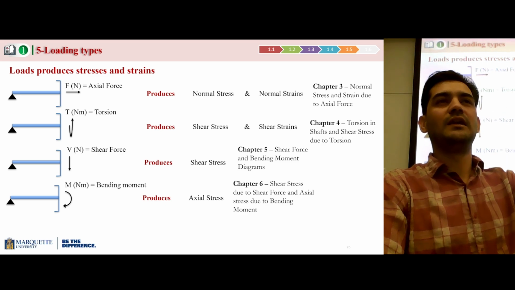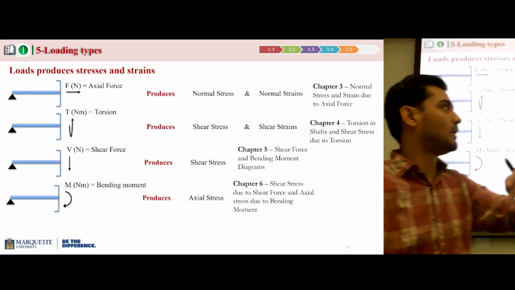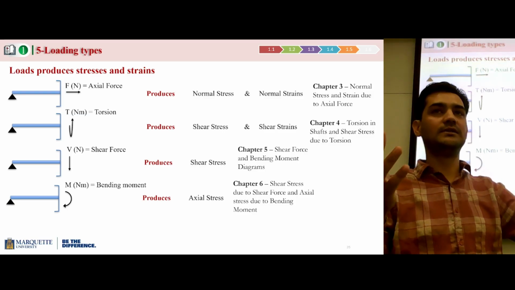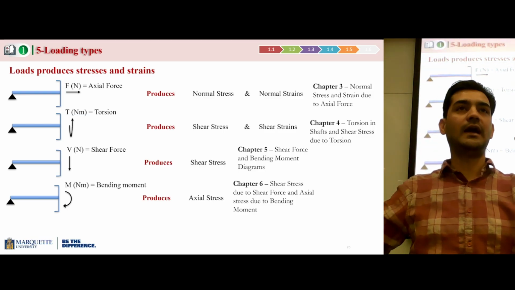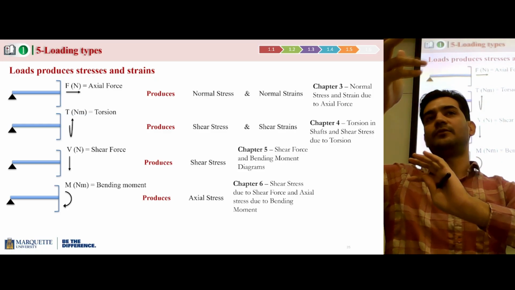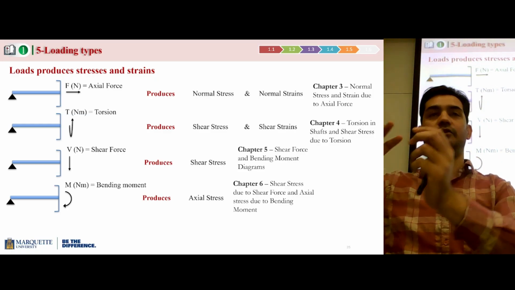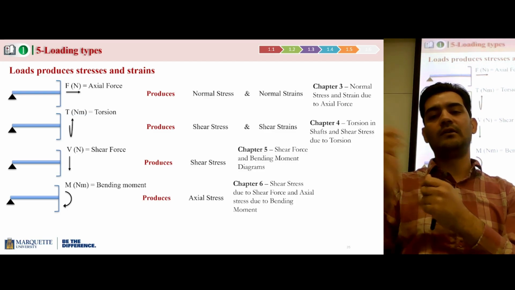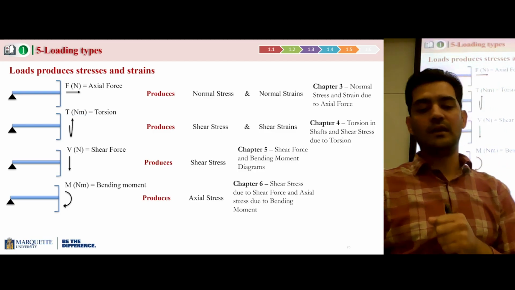And chapter 5 is going to be drawing shear force and bending moment diagrams, so you can know what the stresses are along the length. For example, in a simply supported beam, if you draw a shear force and bending moment diagram, you can know which point has what type of shear force and what type of bending moment. So you can select that specific point to calculate the stresses and to calculate the failure.